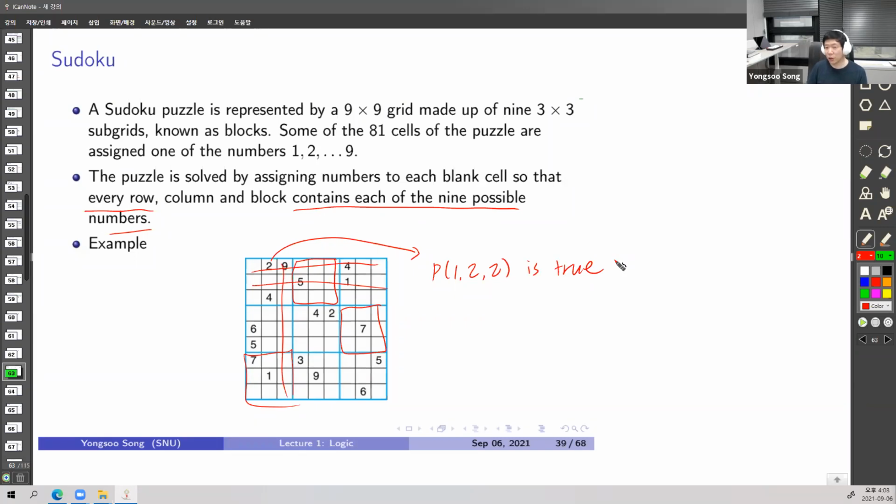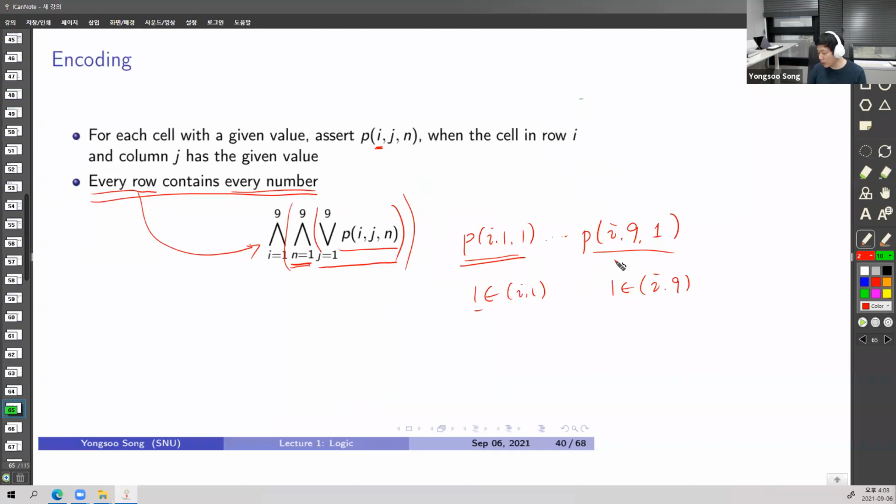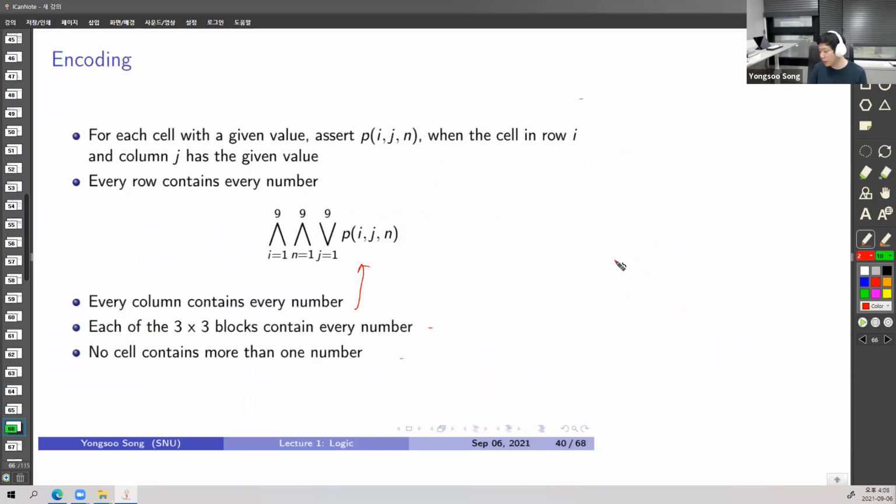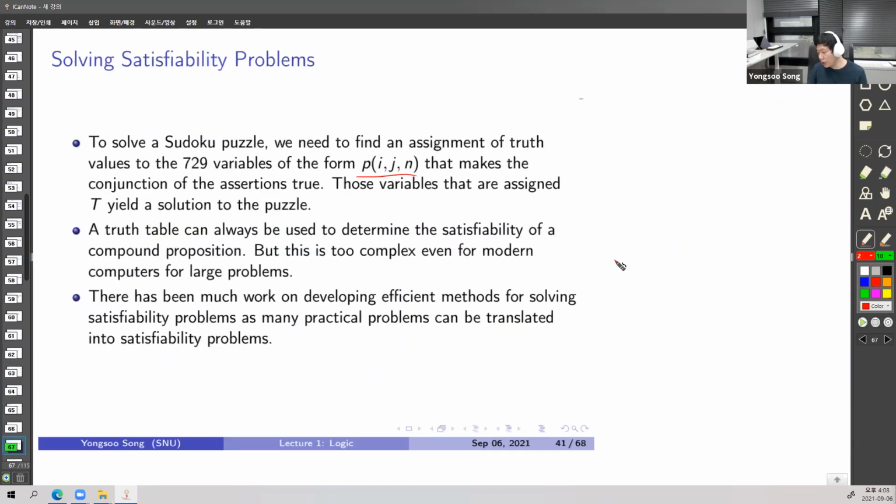So some values are already assigned. Given these truth values and the conditions of a Sudoku puzzle, we would like to find an assignment which satisfies the previous SAT problem. So the Sudoku puzzle can be converted into such a SAT problem.